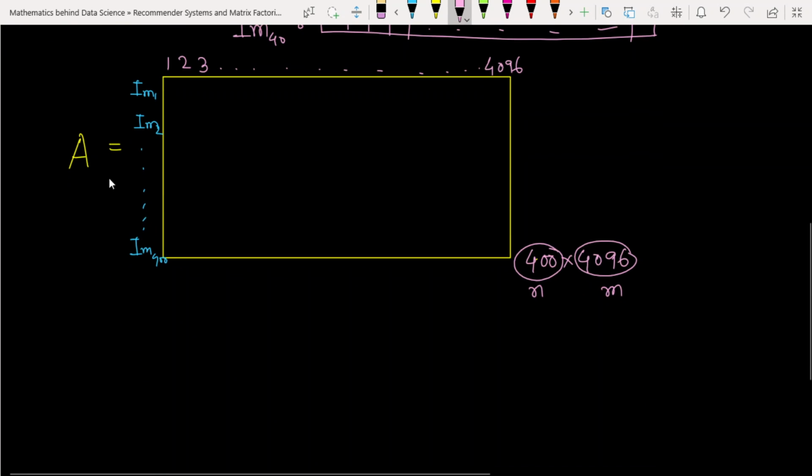Now we have converted this image set into a matrix, and we can easily apply PCA.